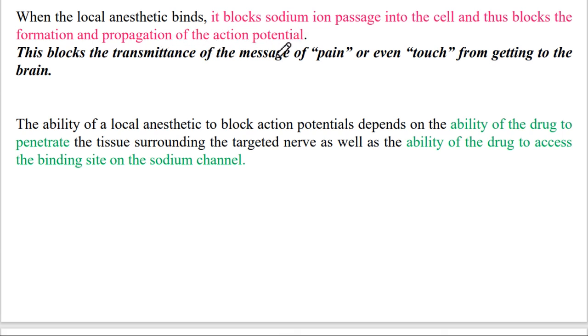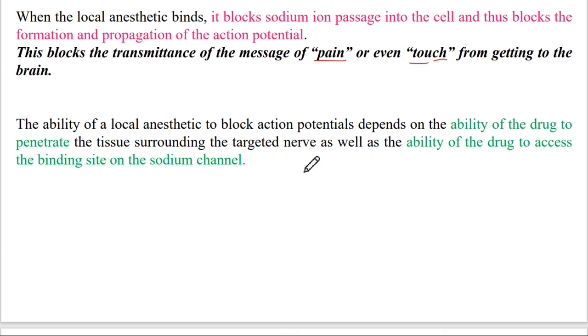This blocks the transmittance of the message of pain or even touch from getting to the brain. So in the mechanism, the key in the local anesthesia effect is the blocking of sodium ion channels.